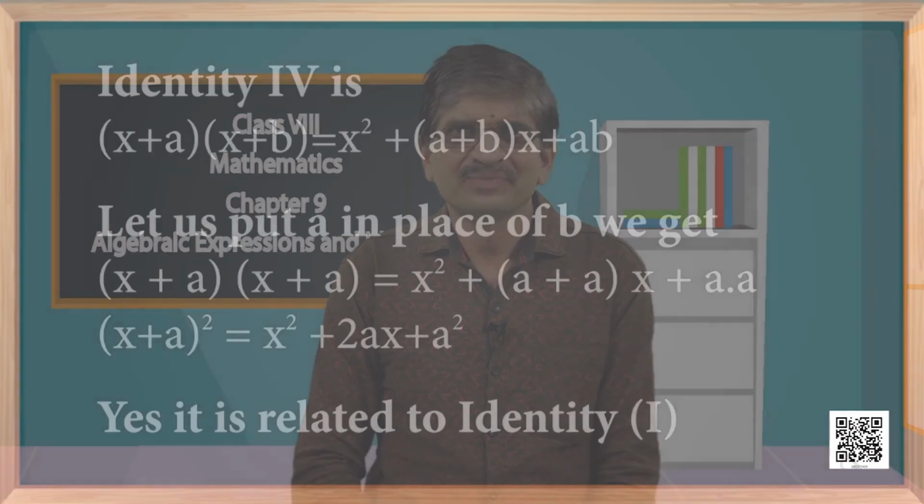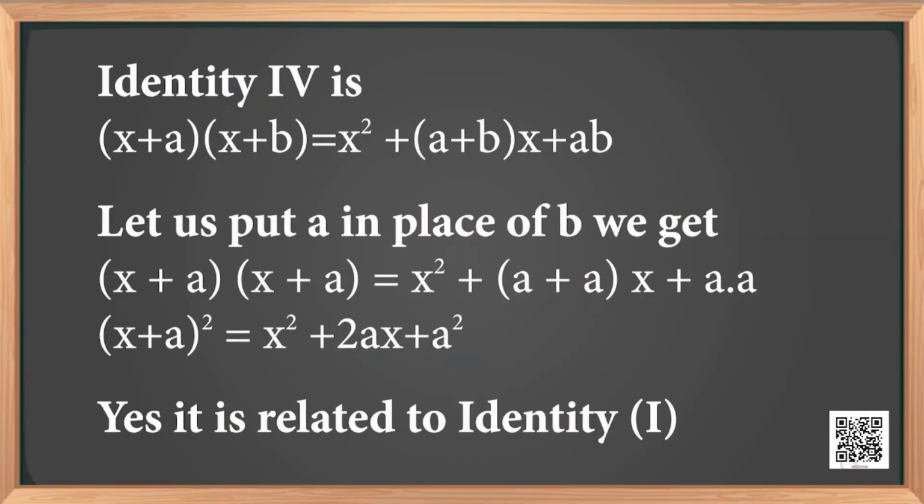Let us consider the special case of identity number 4 with a is equal to b. What do you get? Is it related to identity number 1? Let us see. Identity number 4 is (x + a) times (x + b) is equal to x square plus (a + b) into x plus ab. Let us put a in place of b.